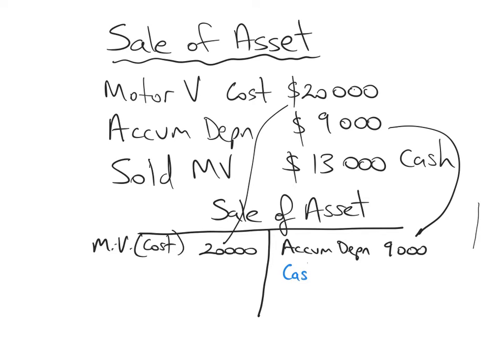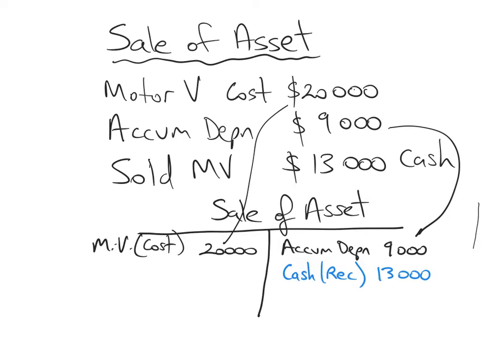So I'm going to call this cash received. Now, cash received is sometimes called the proceeds from the sale of that asset, $13,000. So we've now got the three pieces of information we need: what we sold it for, the cost of the motor vehicle, and the accumulated depreciation.